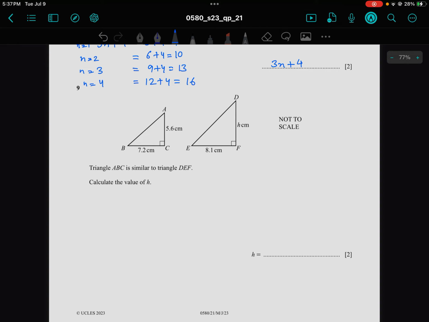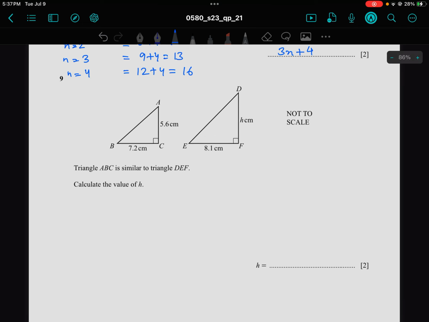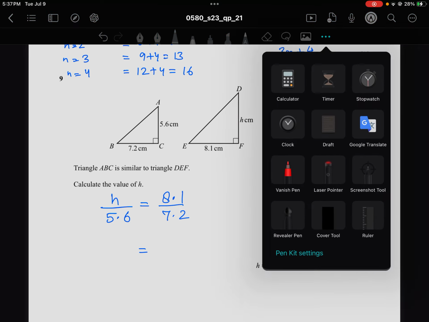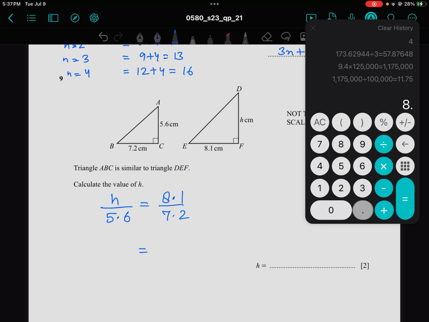Coming to question number 9. These two triangles are given as similar triangles. ABC is similar to triangle DEF. Calculate the value of H. We know in similar triangles the ratios of the sides are equal. So we can write H upon 5.6 is equal to 8.1 upon 7.2. 8.1 divided by 7.2 will give me 1.125.